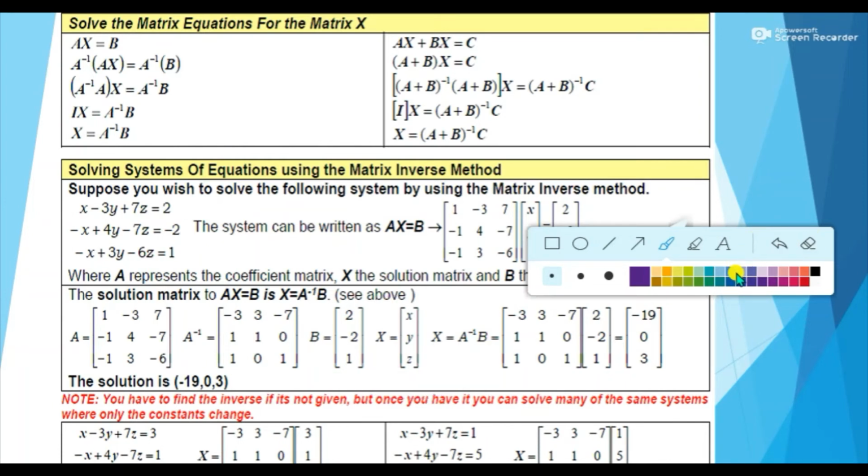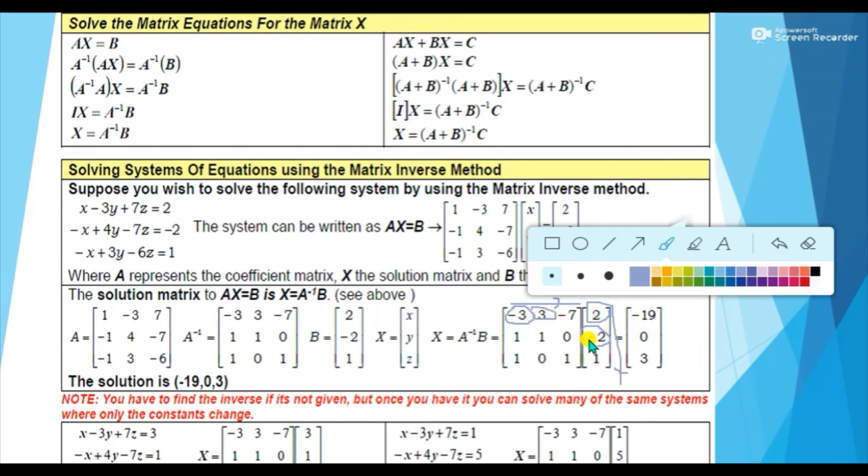This is very easy to find. A inverse into the B matrix will give you the value of X. Now we know how to multiply two matrices. This is done in the very basics of this chapter, but I'll let you know once again. This is the way we draw the lines, and we multiply like this: minus 3 into 2, plus 3 into minus 2.